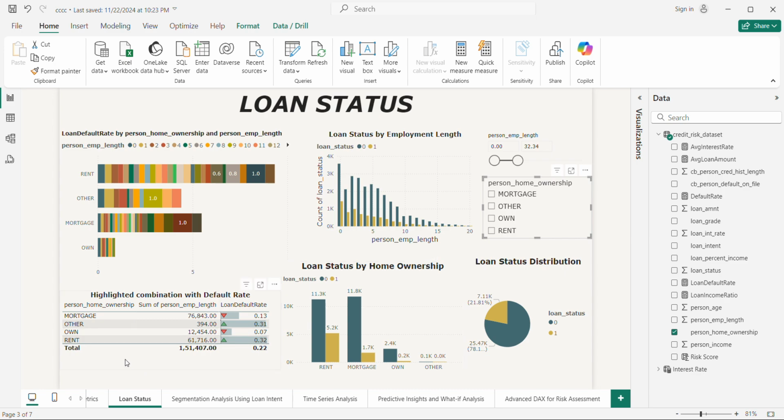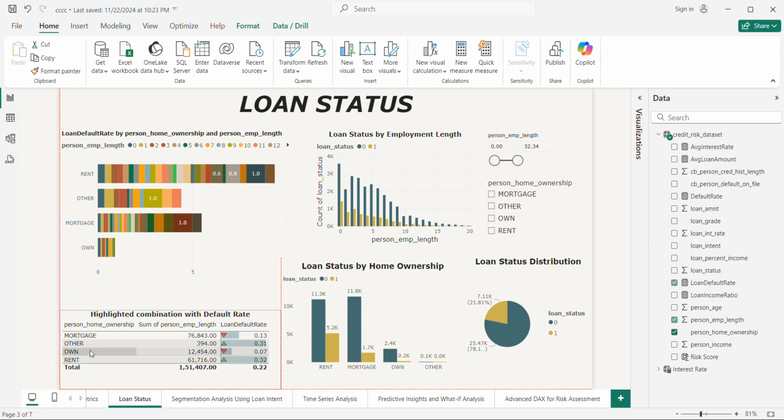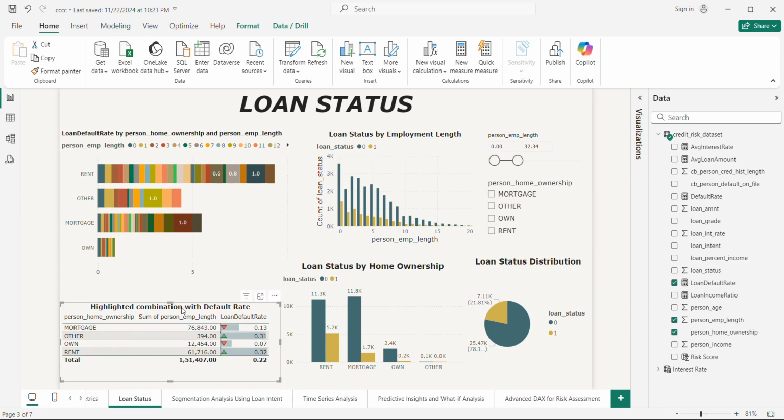There is a highlight table combining the default rate, which includes the person home ownership, the sum of person employment length, and the loan default rate. As you can see, 0.31 and 0.32 are higher for other and rent, in loan default rate, than the other two home ownerships.